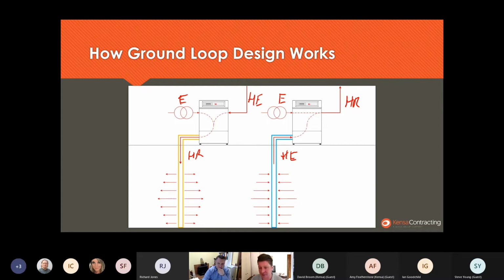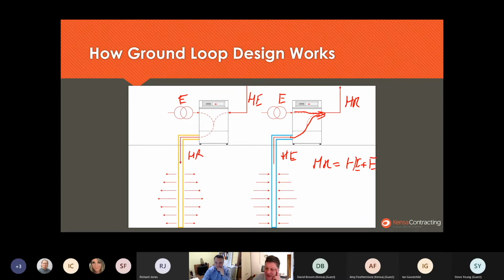And if your heat pump's well designed, as all Kensa heat pumps are, then almost all of that electrical energy in heating effectively adds to the heat coming from the ground and becomes the heat of rejection. So your heat of rejection is your heat of extraction plus your electrical energy. Sorry, my drawing's not very good because I can't put my hand on the screen.